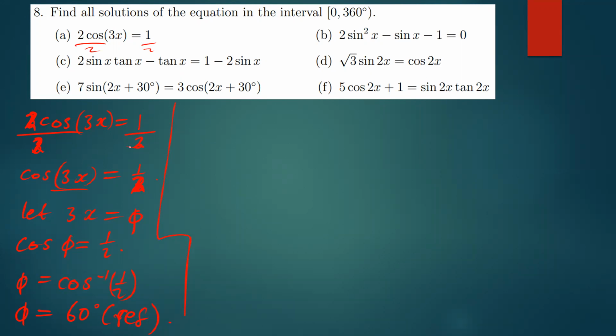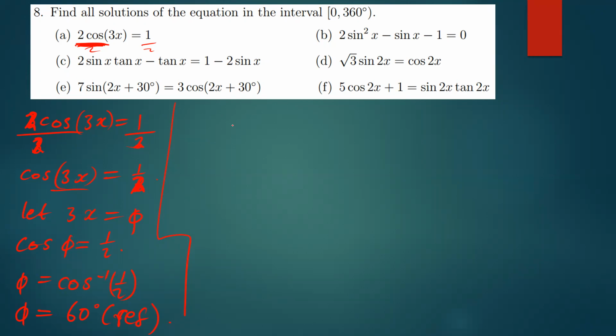After dividing by 2, we got half, and this is positive half. This is not a negative. You have to check whether it's positive or negative. Since it's positive, we're going to consider that this trigonometrical equation is positive, so we have to check the quadrants where cosine is positive.